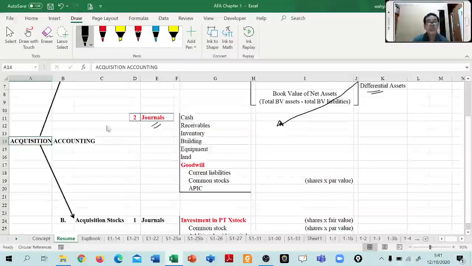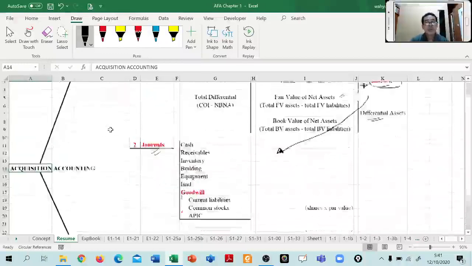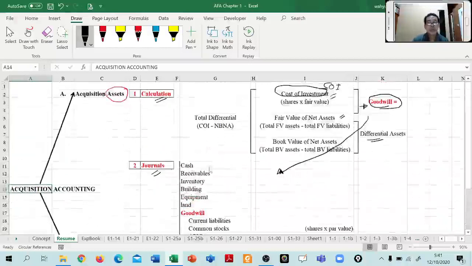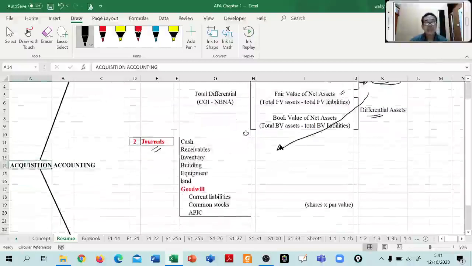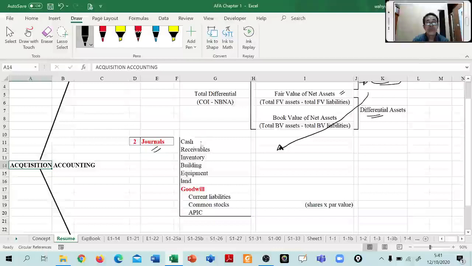Okay, we will make the journal, because there is an acquisition of assets. We write the journal. What are the assets that will be acquired? The first is cash, receivable, inventory, building, equipment, land, and goodwill.